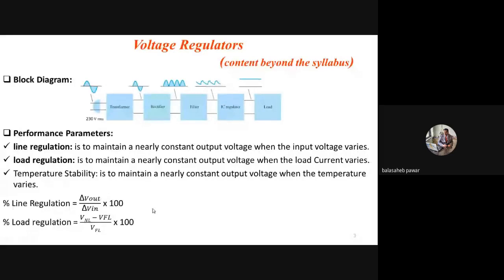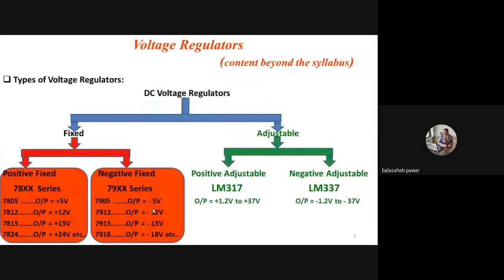Then voltage regulators have various types. These points are also already highlighted. That is fixed regulators and adjustable regulators. In fixed, there are two subtypes, positive fixed and negative fixed. Positive fixed is the 78 series, and negative fixed is the 79 series. For example, if the IC number is 7805, its output is plus 5 volts.